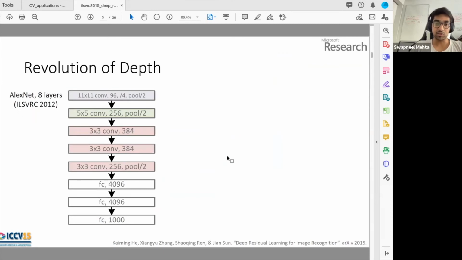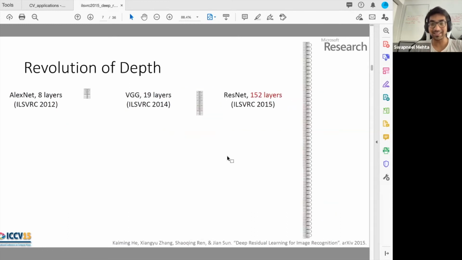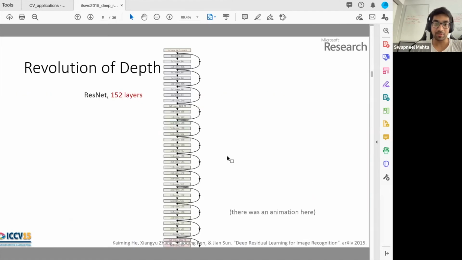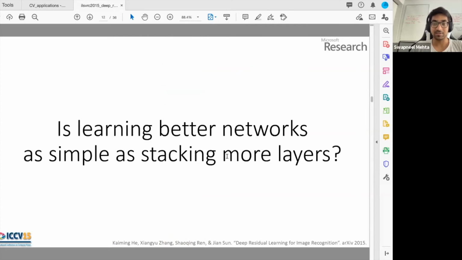Anyway, AlexNet, we saw, is deeper than LeNet. VGG is a bit deeper than AlexNet. We saw the Inception class of architectures, which is even deeper. And then you look at ResNet in comparison to this, and it really puts things into perspective. This is massively deep, and it's really mind blowing how deep they went. ResNet 152 has a lot of layers.